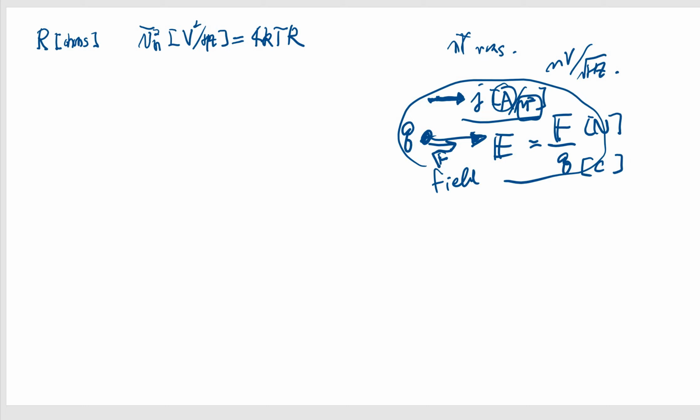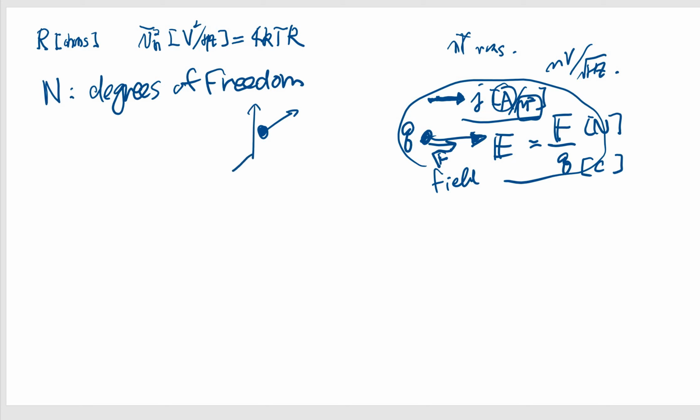One thing to note is the degrees of freedom, capital N here, which means what kind of particle movement is allowed.